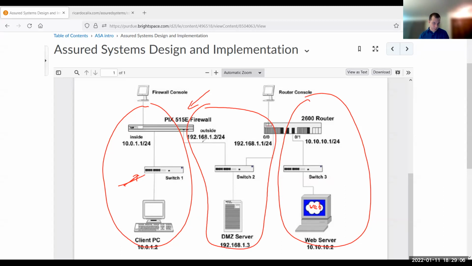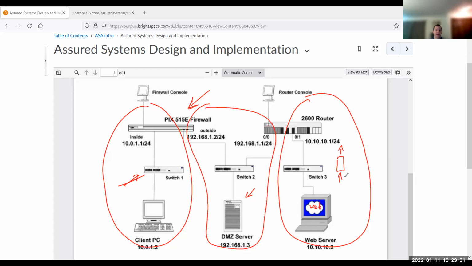You can see it's another network, 192.168.1. This switch 2 means that this computer is in a slightly less trusted environment, but it's not on the internet. So if you think about what the controls are, now everything that we are concerned about is a packet.